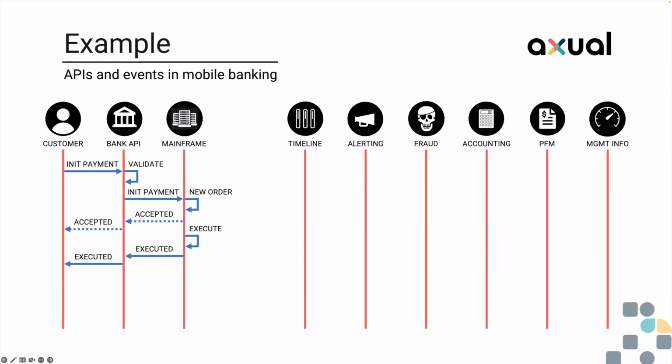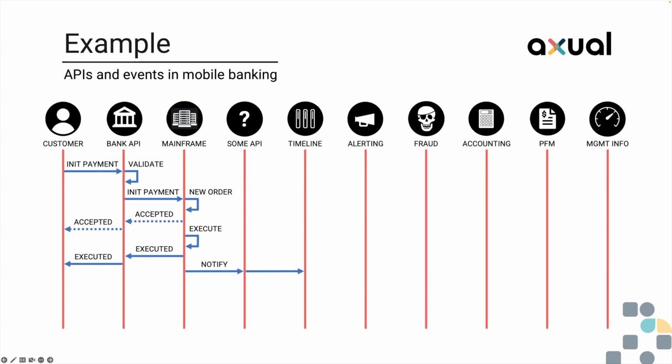Now, let's suppose that we want to notify all these applications through, well, some sort of an API. We don't know what it is, but it's some sort of an API that will notify all these applications. This means that because APIs are request and response, that mainframe will then, visualized here through some sort of an API, which can be a direct API on timeline itself, notify timeline of the fact that this transaction got executed.